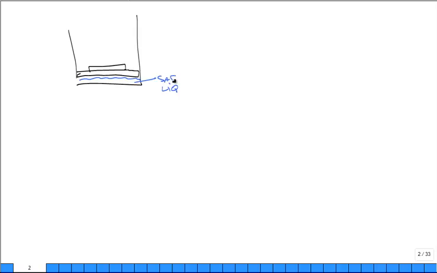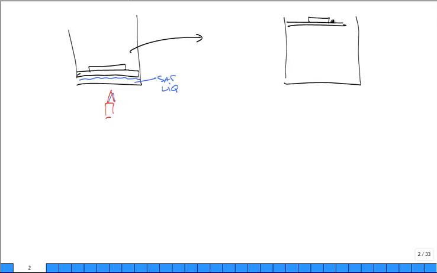If I put a little bit of heat into it, right? That's my heat flame. What happens to it? It starts to change phase. So as I continue, the piston may have risen dramatically, and we go from saturated liquid to saturated vapor.